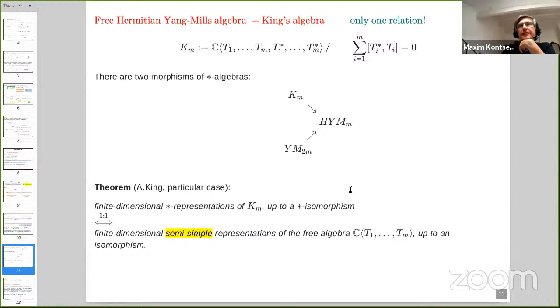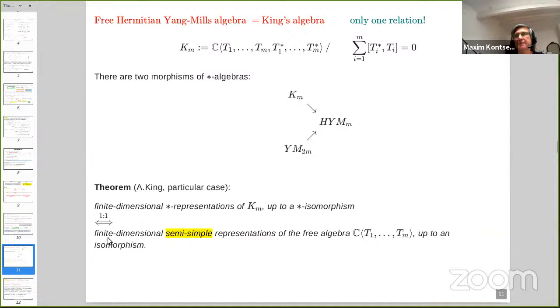And King's algebra, for me, is interesting for the following reasons. This is a theorem by Alastair King from many years ago, actually a particular example of a more general result, which I'll discuss in a moment. Let's consider finite dimensional star representations of this algebra up to star isomorphism, just a collection of Hermitian operators such that the sum of commutators equals 0, up to unitary transformations.